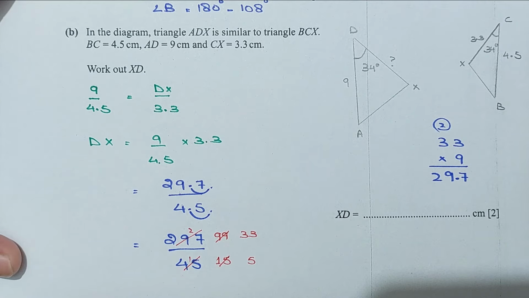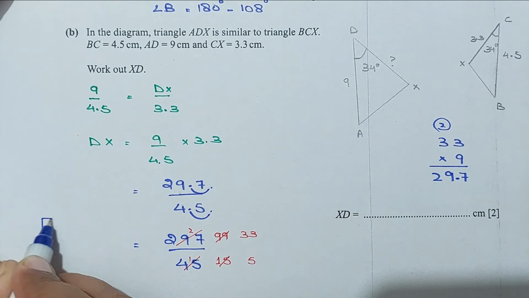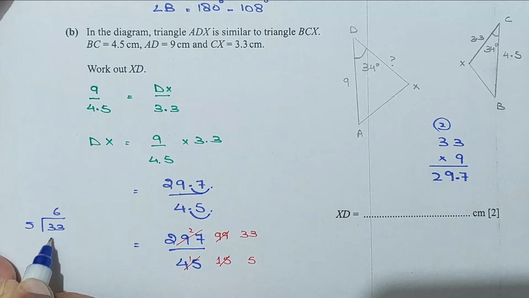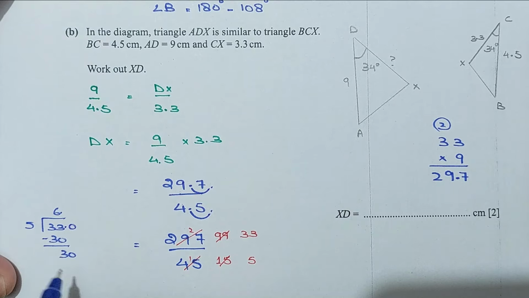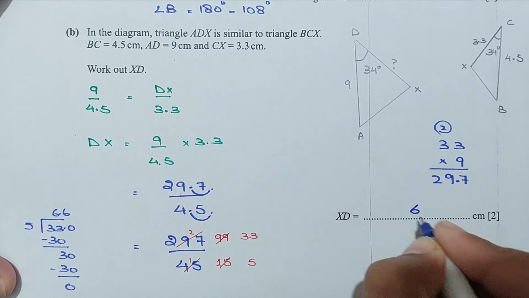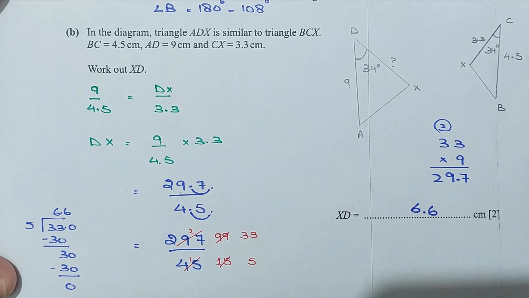So 33 by 5 we have to find in terms of decimal. So we do the 5 times table and 33. 5 times 6 is 30. Subtracted, we have 3 and 0, decimal and decimal, bring the 0 down. 5 times 6 would be 30. So cancel it out, it is 0. So 6.6 is the length XD.